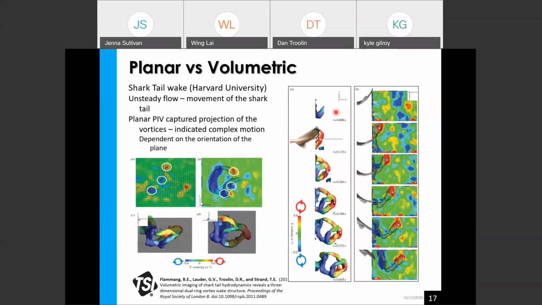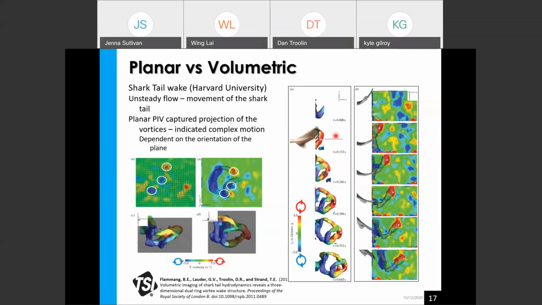So in this particular case, not only can we see the volumetric structure of the vortex generated by the shark, but we can also see how the flow is evolving with respect to the movement of the shark.